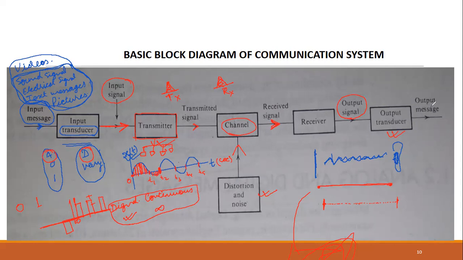Okay, so here the output message is passed through the output transducer. The form in which we transmitted the signal earlier, that same form is received by using the output transducer.